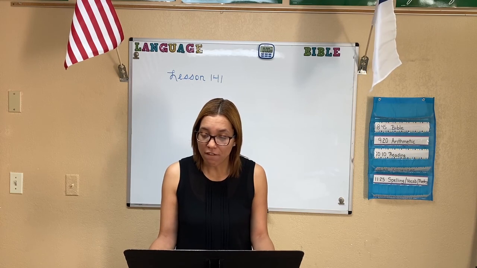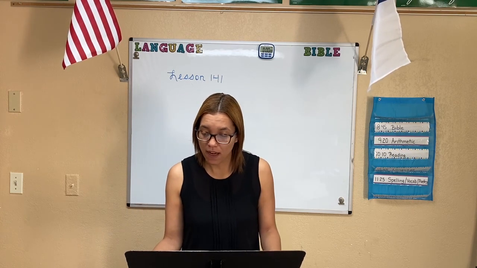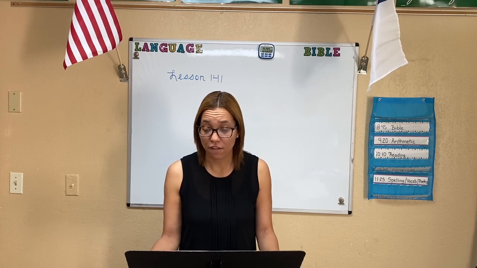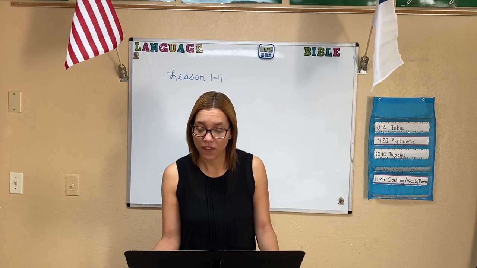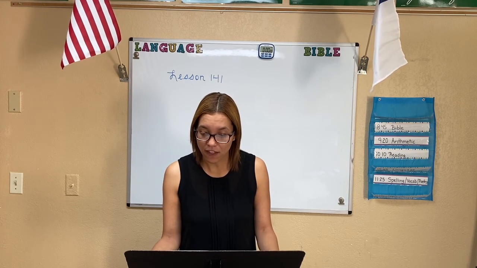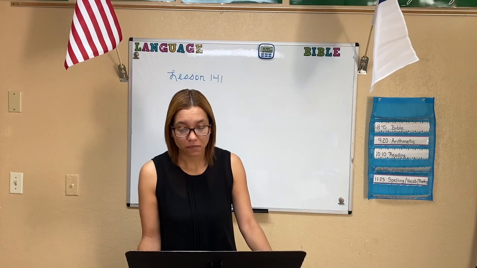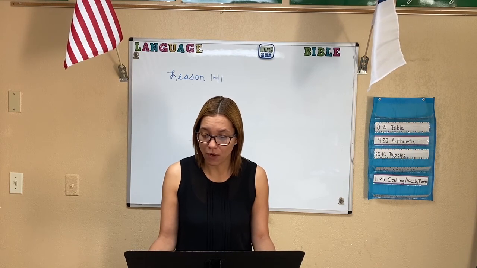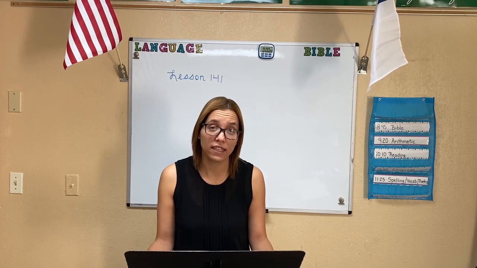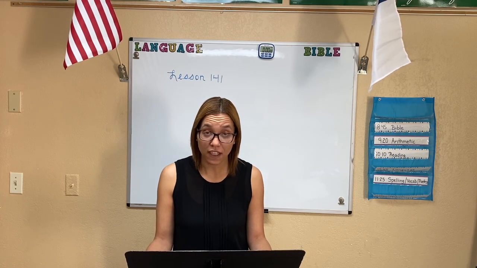It says you can find words in the dictionary more quickly if you divide the alphabet into 3 parts. The first part is A, B, C, D, E. The second part, F, G, H, I, J, K, L, M, N, O, P. And the third part would be Q, R, S, T, U, V, W, X, Y, and Z. The letters A through E make up the first third of the dictionary.